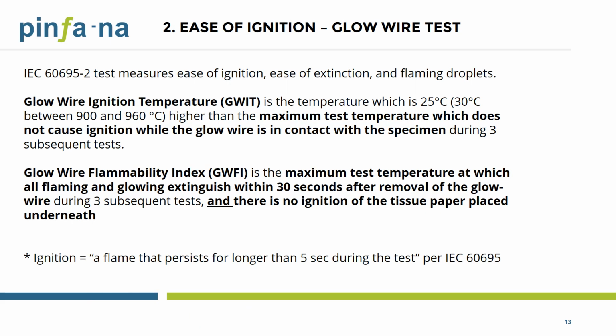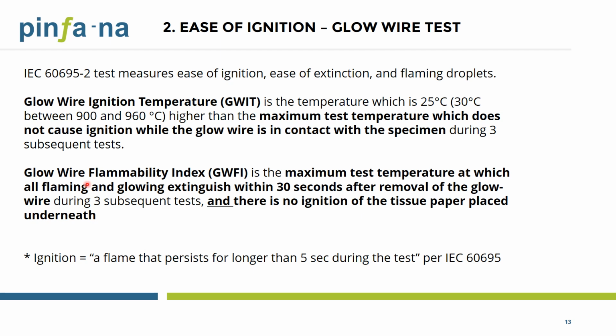Another application-related ignition test is the IEC glow wire test. It measures the ease of ignition, ease of extinction, and the flaming droplet. Here we provide a list of definitions of related flammability terms in the IEC 60695 test. Glow wire ignition temperature, GWIT, is related to the ease of ignition.